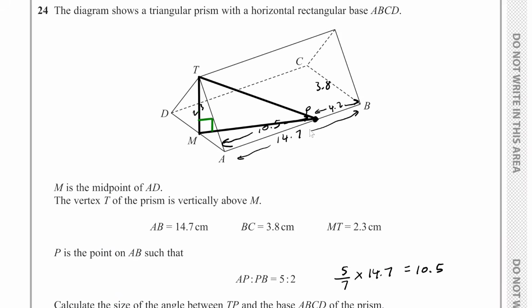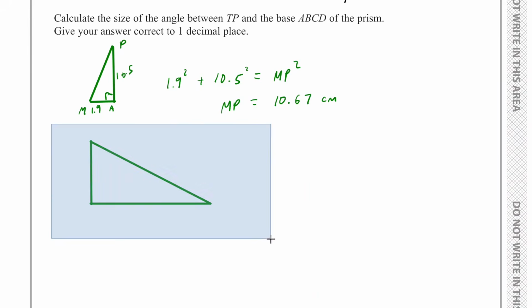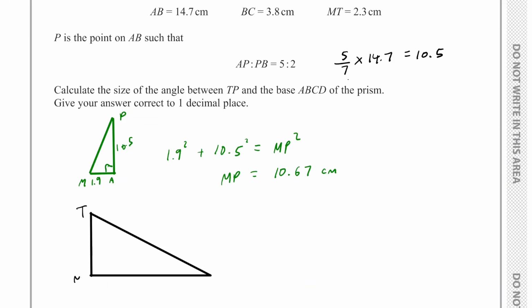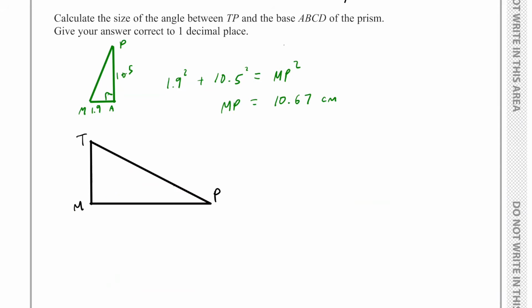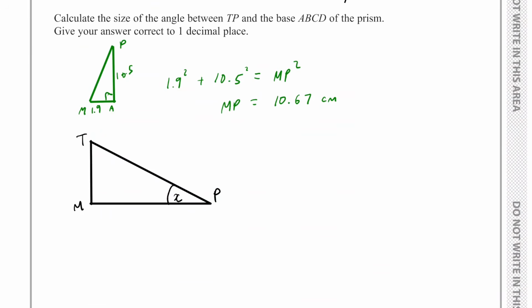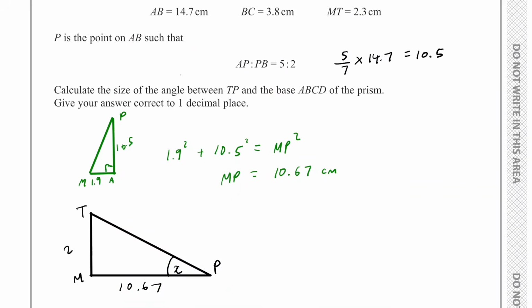So now we know M to P, we know T to M, so we can just calculate the angle using SOHCAHTOA. So we've got TMP. We are working out the angle at P. M to P is what we worked out, 10.67. And we know M to T is 2.3.